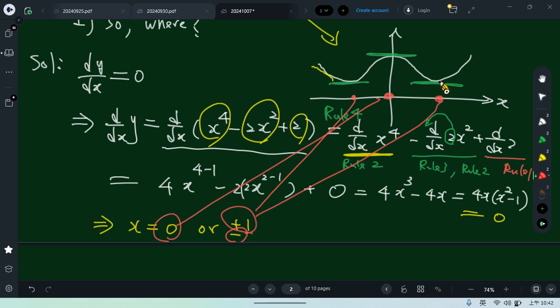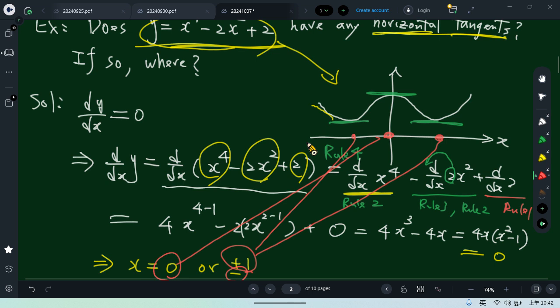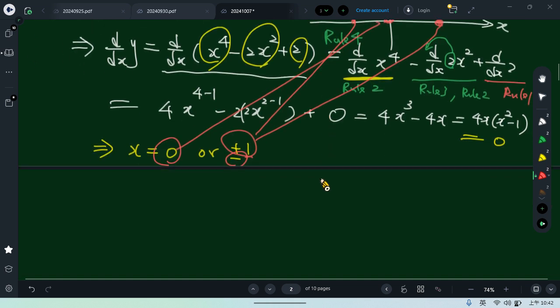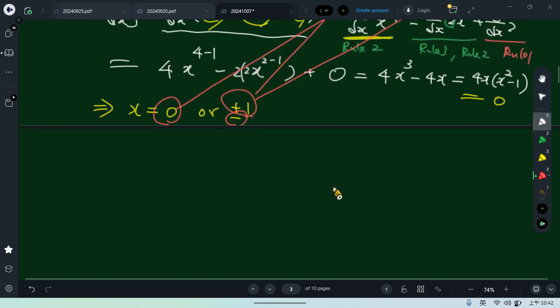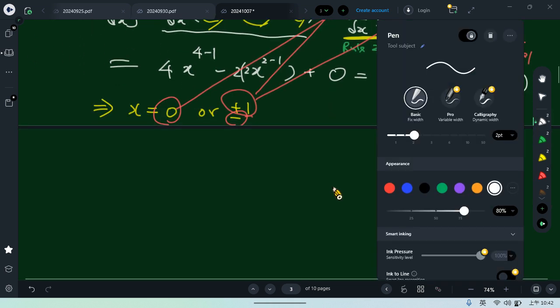In chapter 4, we will apply this idea to get the extreme value and see where we can get it. So step 1, try to differentiate it, and then try to find where we can have a horizontal tangent. This is a very good example I want to show you.